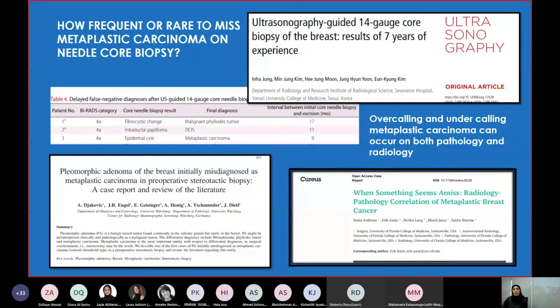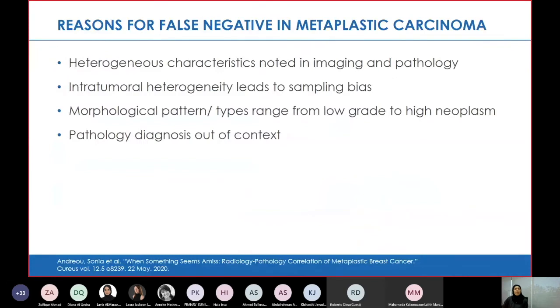For example, in this case they thought it was an epidermal cyst, and after a 9 month delay, they found that this is a metaplastic carcinoma. Both overcalling and undercalling have been reported, like this case, a pleomorphic adenoma, which was initially misdiagnosed as metaplastic carcinoma.